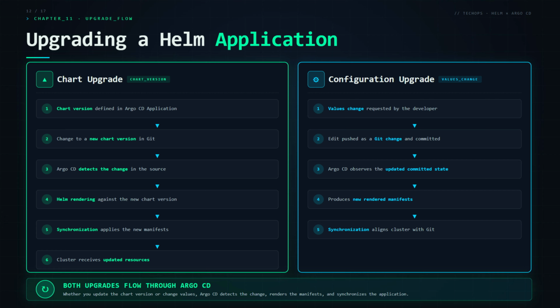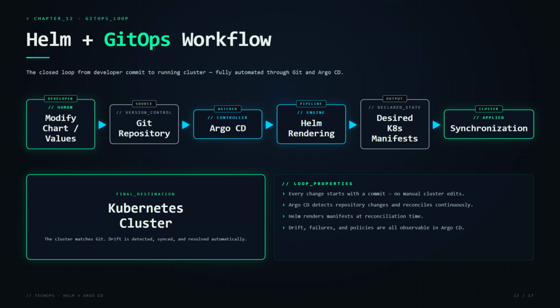Argo CD uses the new values to generate the updated Kubernetes manifest. Once the desired state changes, Argo CD can synchronize the updated resources with the cluster. So the basic process is simple: change the chart or configuration, render the updated manifest and synchronize the application.